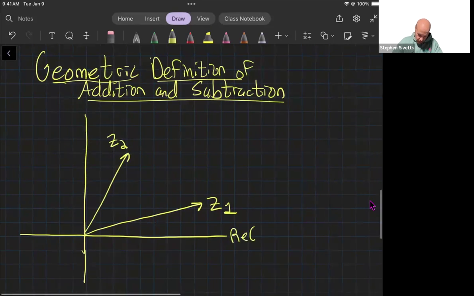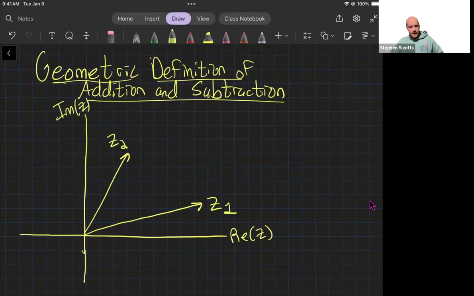This is the real part of z, and this is the imaginary part of z. To define vector addition, it's the same idea as tip to tail, right?